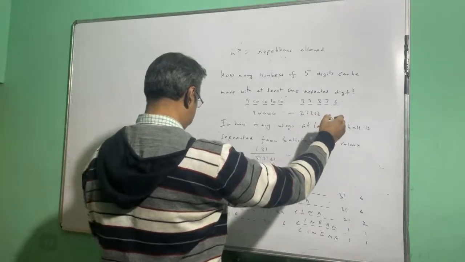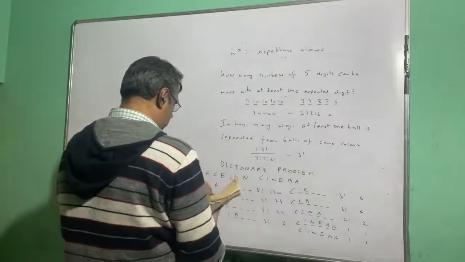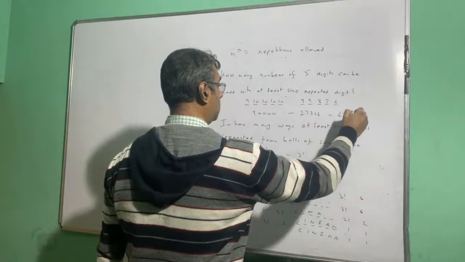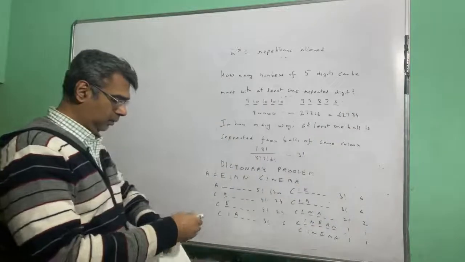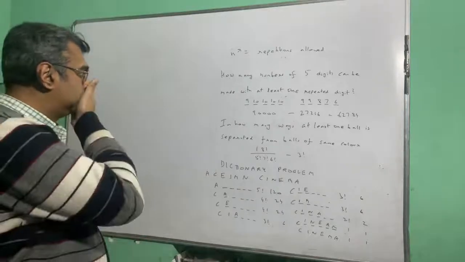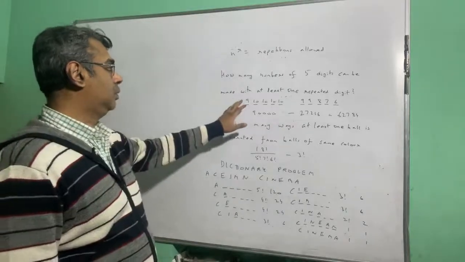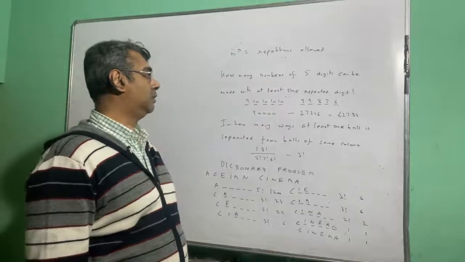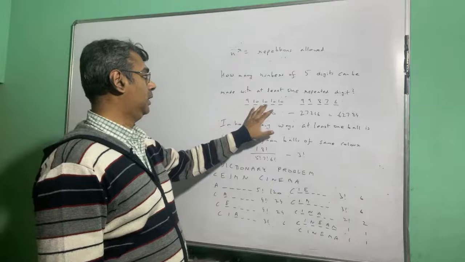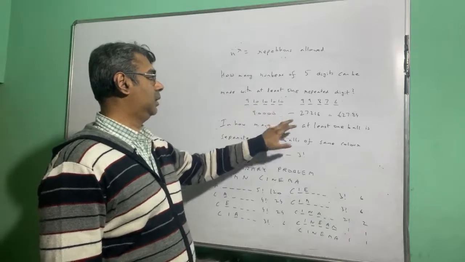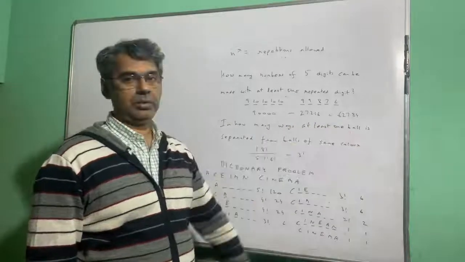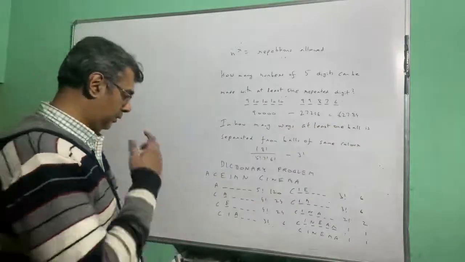If you subtract these two, the answer will come to 62784. So the question was how many numbers of 5 digits can be made with at least one repeated digit. 9 into 10 into 10 into 10 into 10 is 90,000 and 27216 is the no-repetition count. If you subtract these two, the answer is 62784.